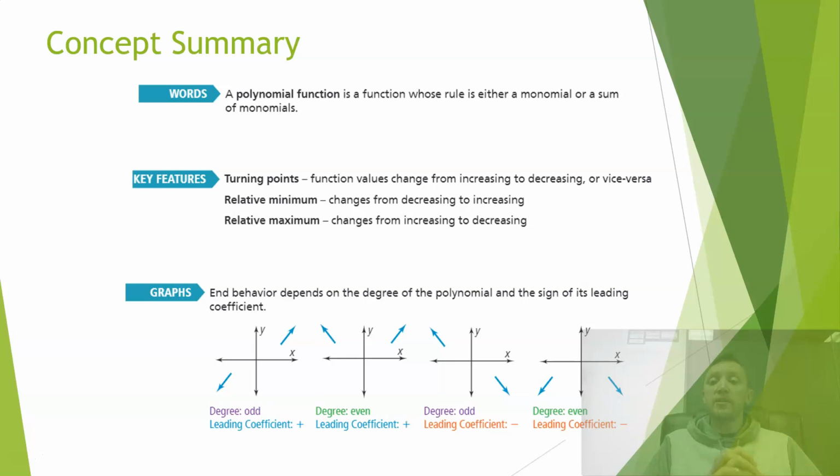For this first lesson, lesson 3.1, some key things you might want to have in that short summary are how to figure out what the end behavior would be based on the leading coefficient and the degree of the polynomial, and identifying the relative minimum and relative maximum. Again, that's where it changes from decreasing to increasing or increasing to decreasing. If you have all of those things, those are the key things that you want to be able to take away from this first lesson.